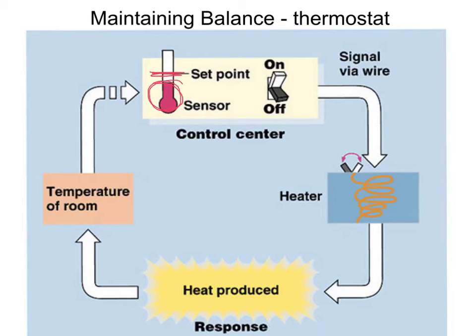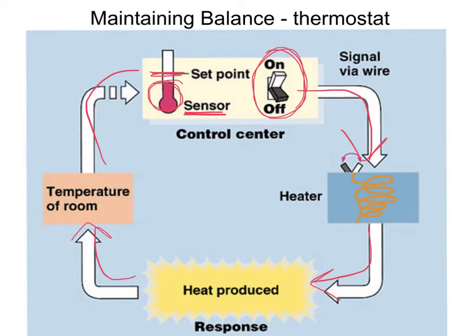And so there'll be in the control center some kind of sensor that's going to detect the temperature. And since the temperature is not at the set point, then we'll have to activate our corrective measures. So in this case, what we'll do is we'll turn on the heater, which will then, of course, produce heat, which will increase the temperature of the room and hopefully get it back to our set point.